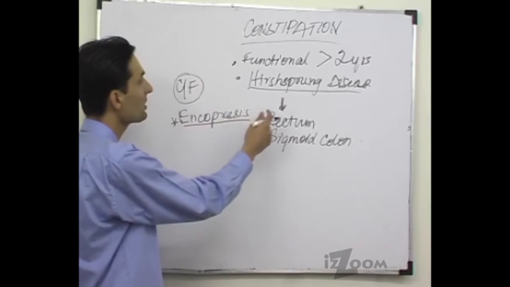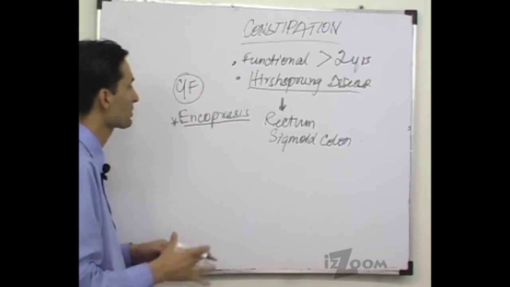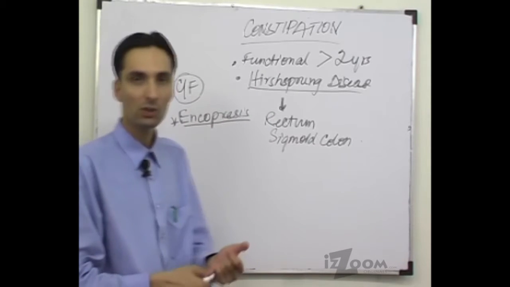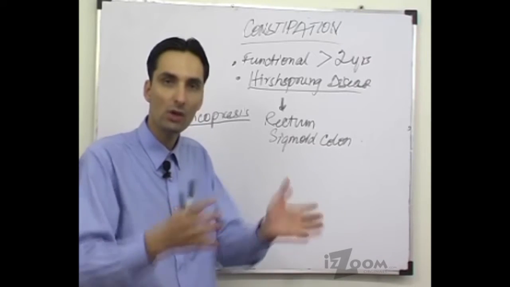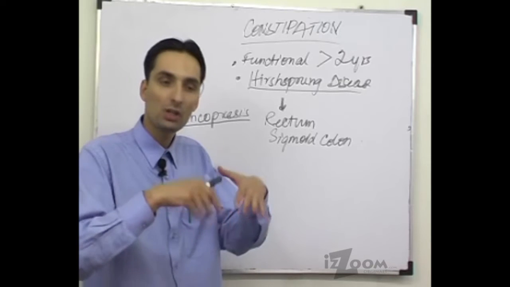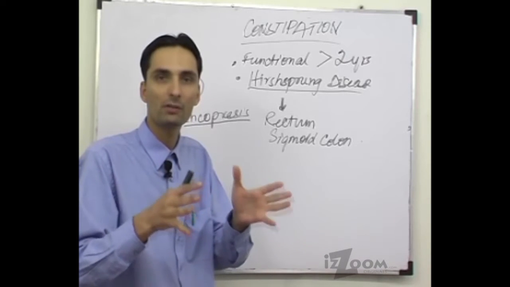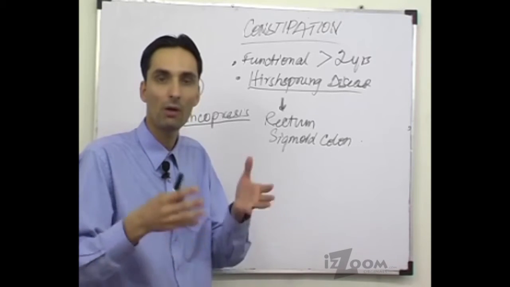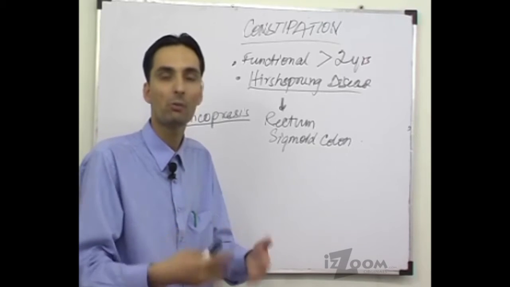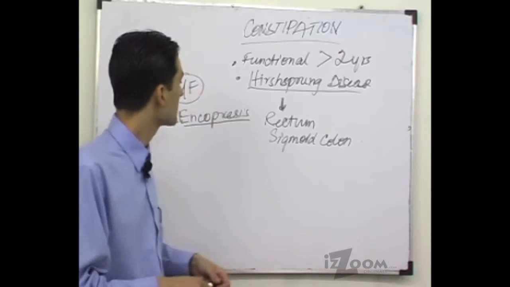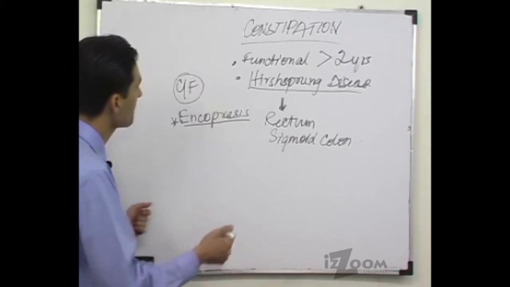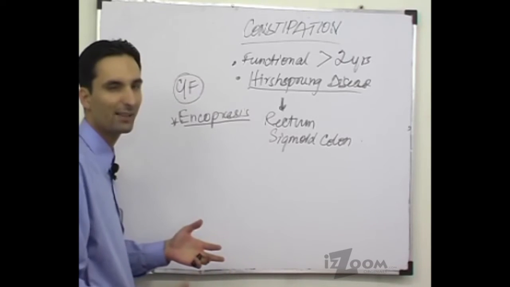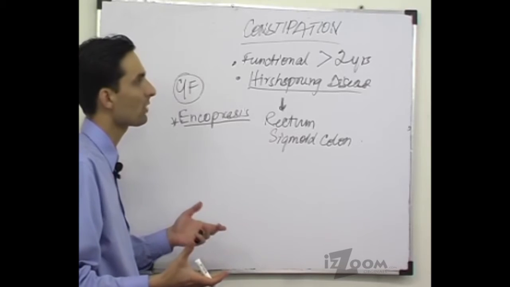How does this occur? In functional constipation there is hard stool, and around this hard stool some soft liquid stool forms, which cannot be retained by the child, and the child develops encopresis.